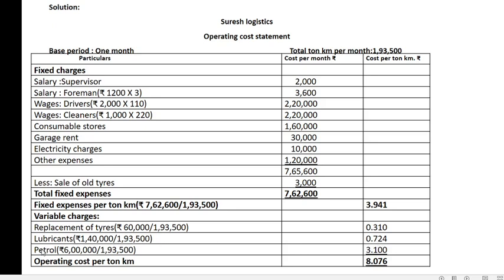Petrol, rupees 6 lakh divided by 1,93,500 is 3.100. So the operating cost per ton kilometer is 8.076.